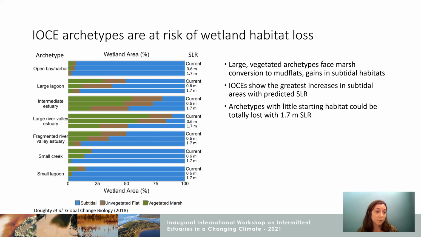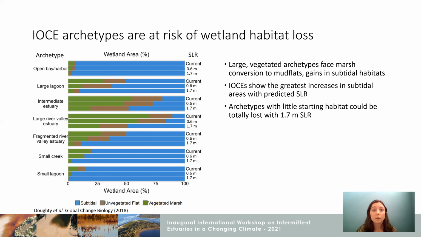So here in this figure, you can see all of the 7 or so different archetypes that we had and the proportion of wetland areas falling into subtidal, unvegetated flat, and vegetated marsh habitats for each of these 3 different sea level rise scenarios. And so you can see that large vegetation archetypes are expected to lose the most habitat, and intermediate estuaries among these show the greatest potential increases in mudflat habitats.